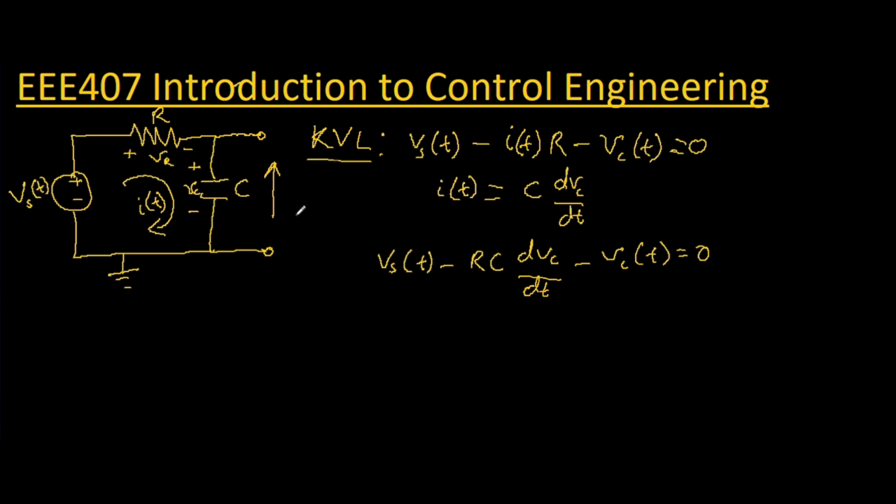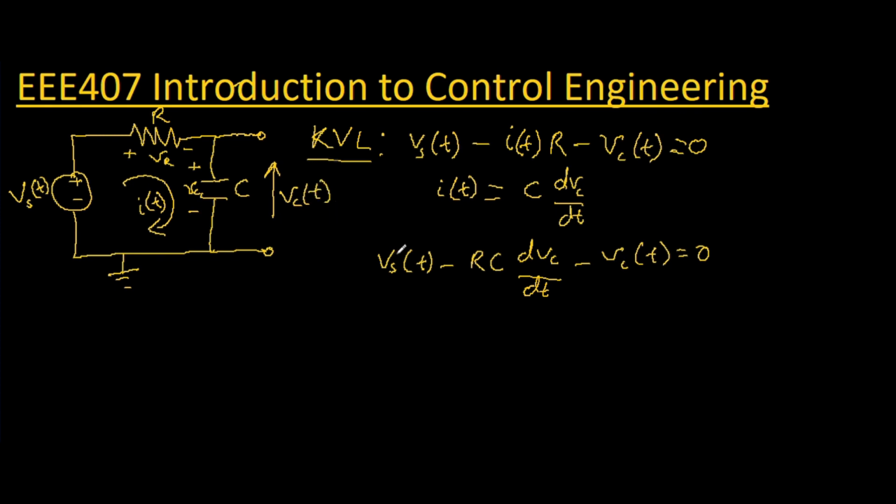So Vc of t is our output and is the same as the potential across the capacitor. I'm sorry, my writing is just all over the place.